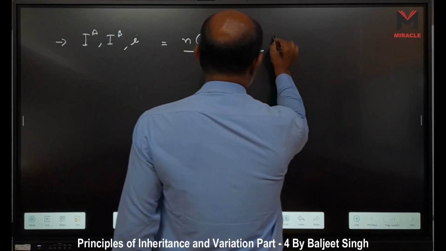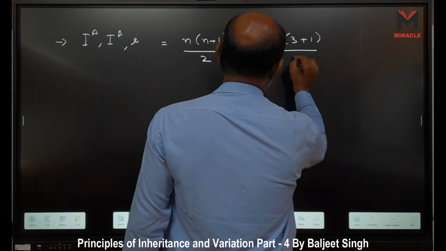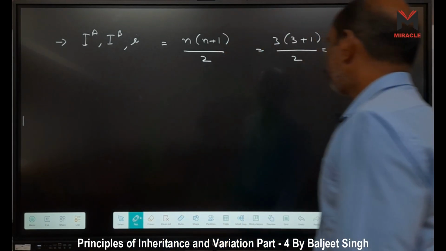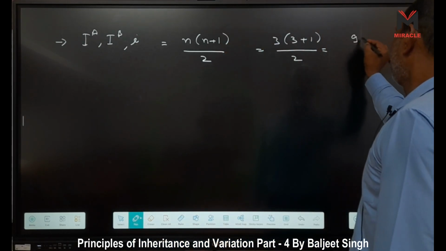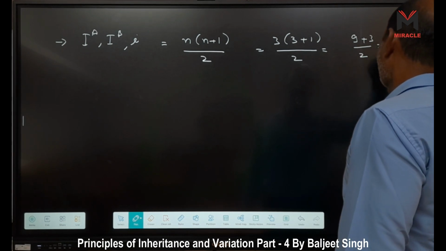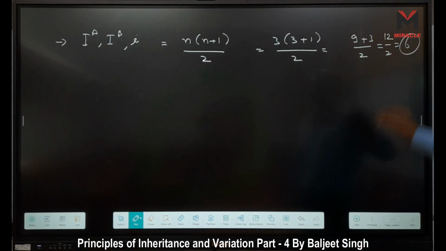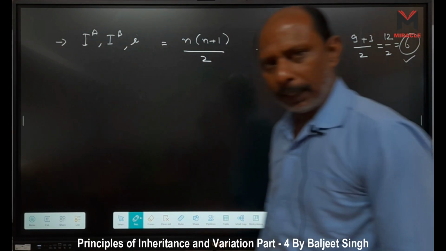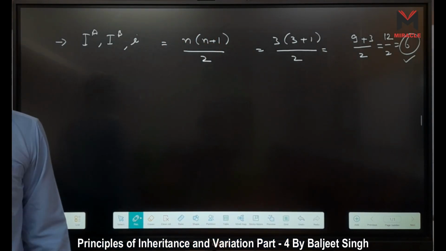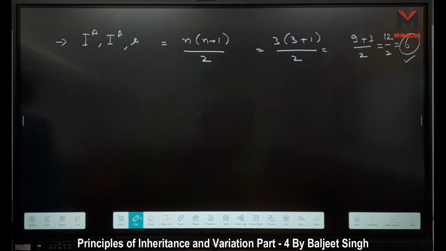That means 3(3+1)/2, and when we expand, we get (9+3)/2, which means 6. 6 combinations are there. In case of rabbit, 4 alleles are there for coat colors. Can you tell me how many combinations are formed here?